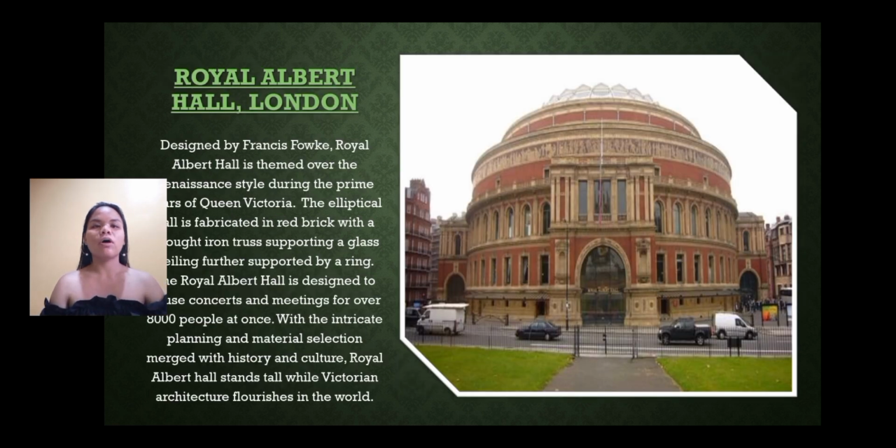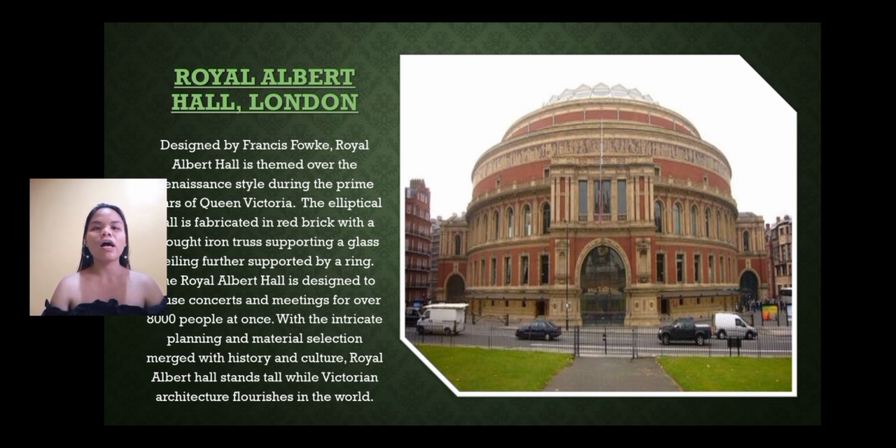The second one is the Royal Albert Hall, which is located in London. It was designed by Francis Fowke. Royal Albert Hall is themed over the Renaissance style during the prime hours of Queen Victoria. The elliptical hall is fabricated in red brick with a broad iron truss supporting a glass ceiling, further supported by a ring.